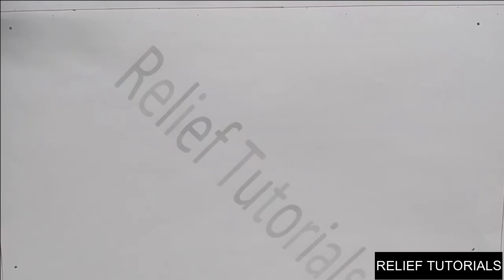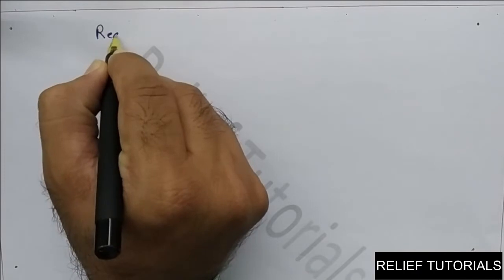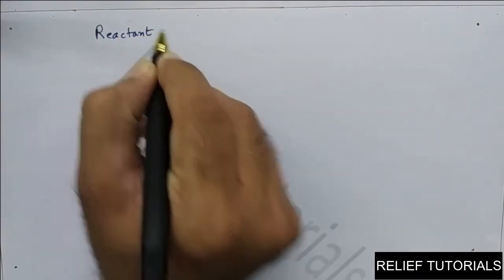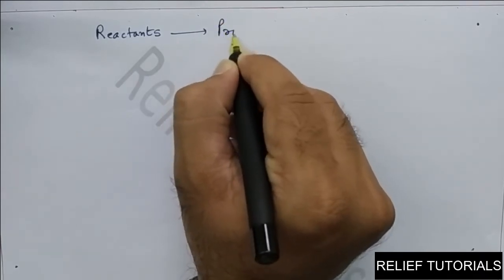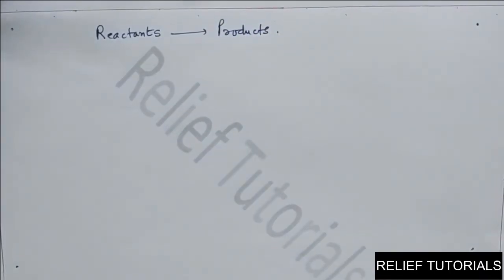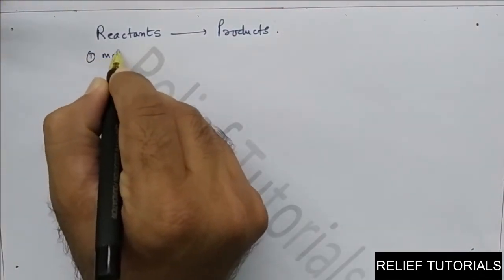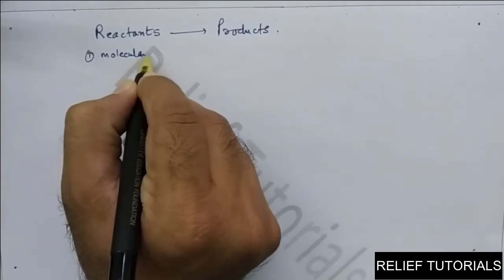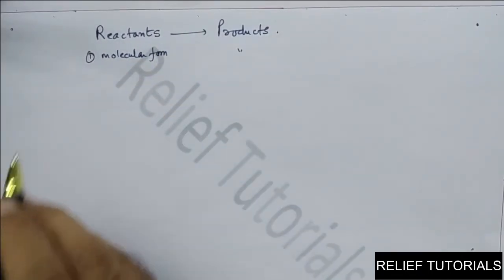On the left hand side of the arrow we represent reactants, and on the right hand side products. Reactants should always be represented in their molecular form, and the same for the products.